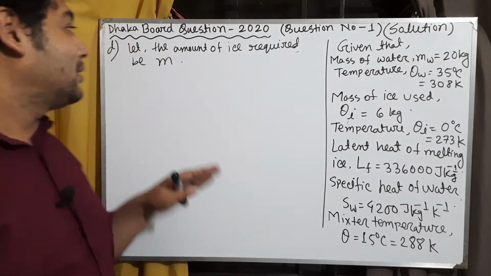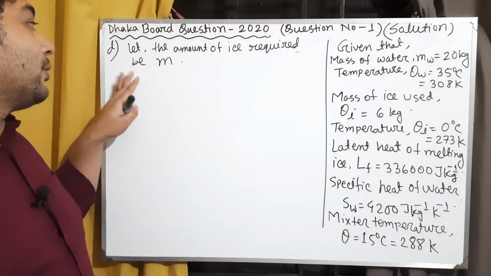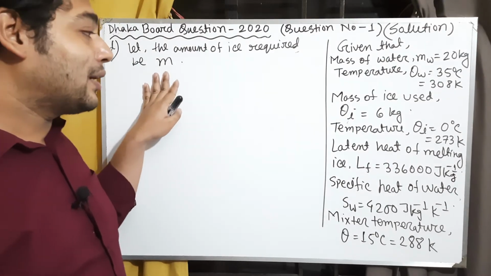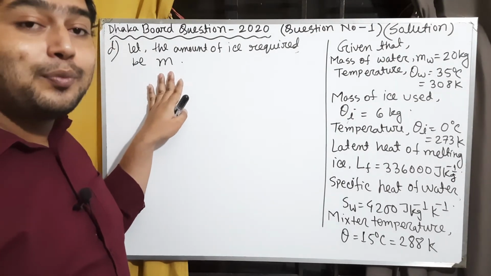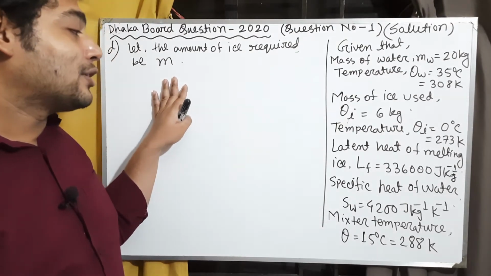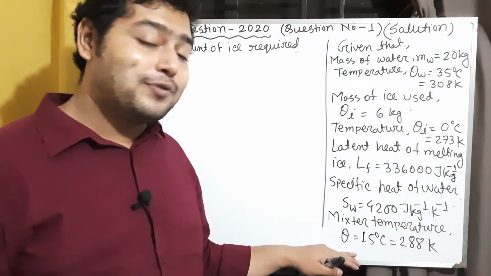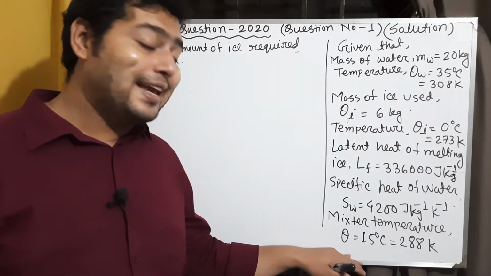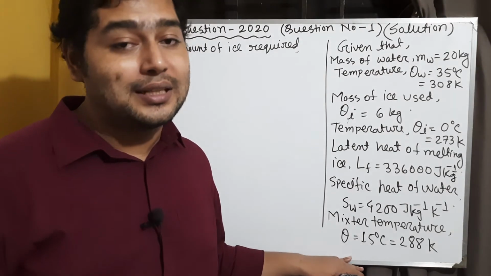So we can assume that M kg of ice will melt to keep the mixture temperature fixed at 15 degrees Celsius.